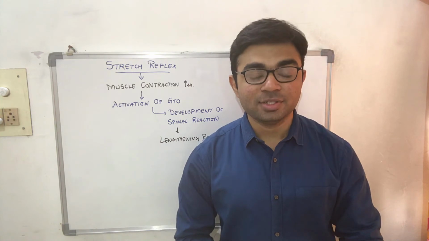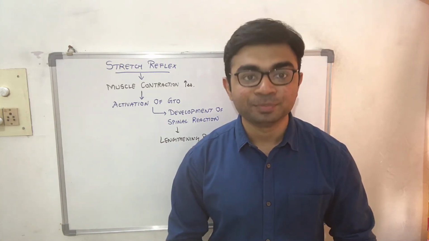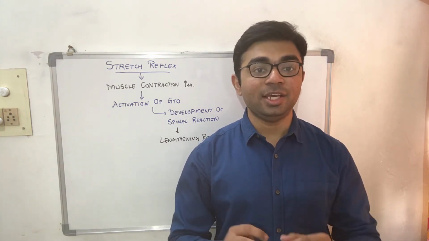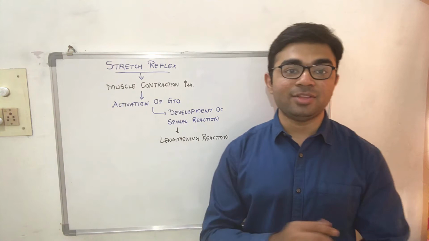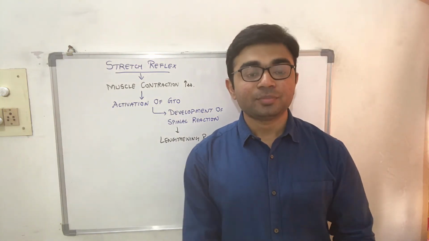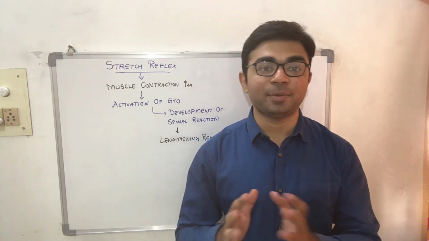But what happens when we suddenly move the arm in the flexion direction? A sudden decrease in the resistance is seen when there is development of this lengthening reaction because of the presence of the Golgi tendon organ. And this response is known as the Philipson reflex or the clasp knife reflex.